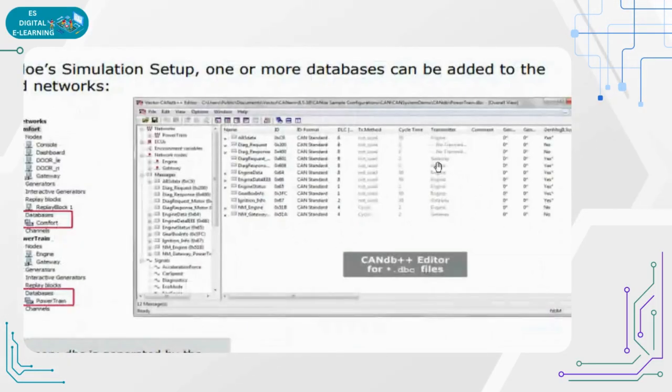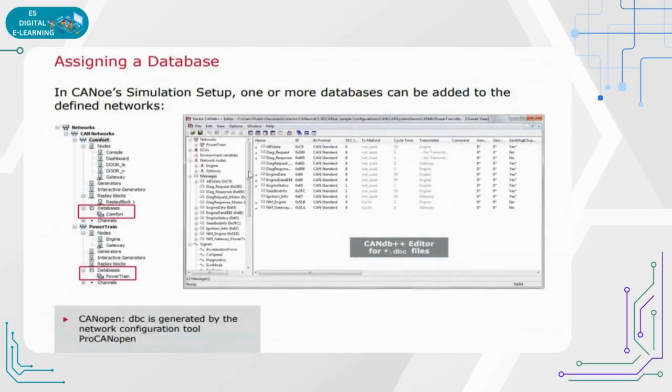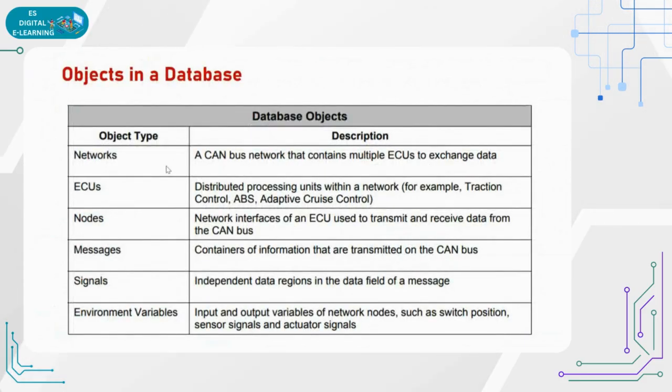This information is usually contained in the DBC file. Sometimes you need to understand the DBC file: network, ECU, nodes, messages, signals, and what the environment variable is.